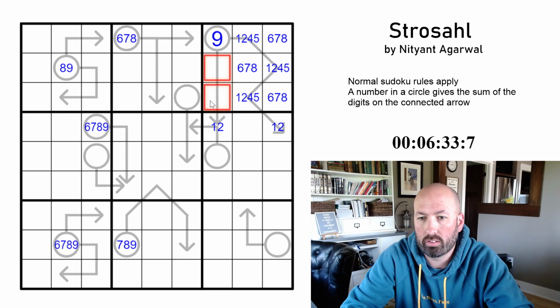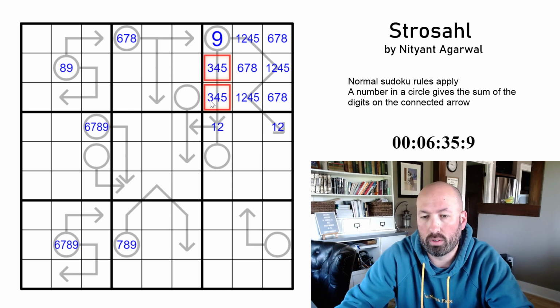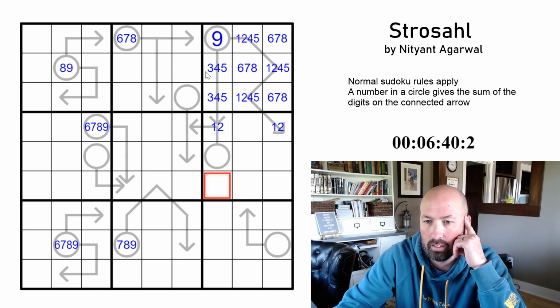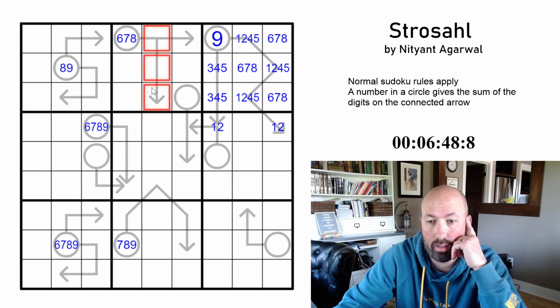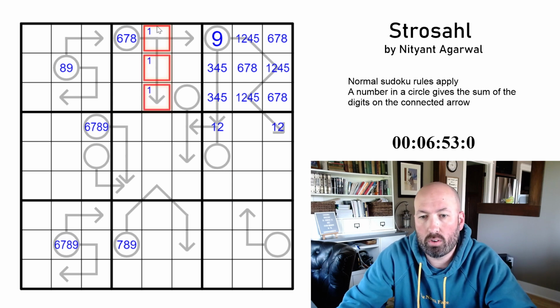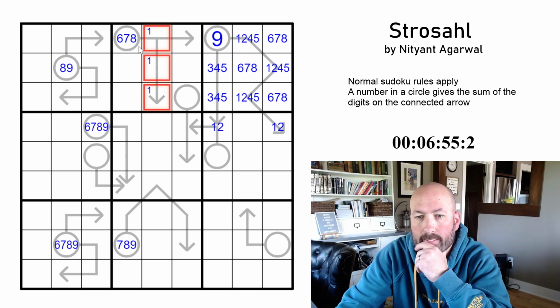And this is 3 with 4 or 5. It's either 3, 4 or 3, 5. Okay, good. Now, what else can we look at? Now that this can't be a 9, we have to have a 1 on here, because 6, 7, or 8, and 3 all require a 1.